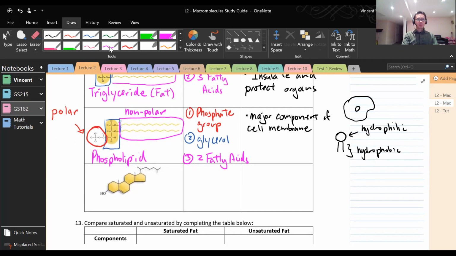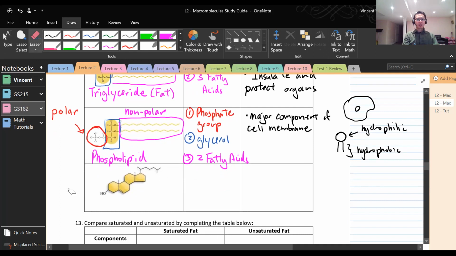Okay, I know you guys must be tired from hearing me talk for an hour. What is this one? This one has a bunch of rings in it. Okay, 4 rings. Anytime you see 4 rings fused together like this, we know it is going to be a steroid.